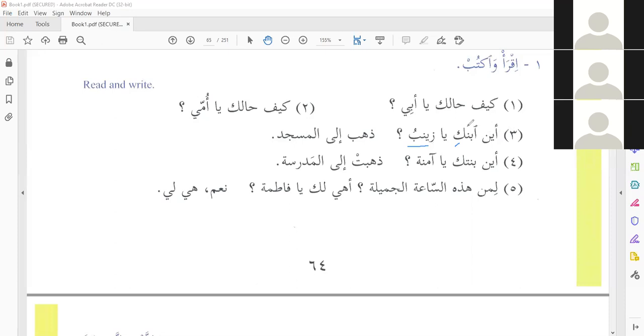However, who are we asking about? We're asking about her son, right? And so when we're talking about her son, it's dhahaba, masculine, right? It doesn't matter that we're talking to a female. Who we're talking about is a male. So we're saying dhahaba, as opposed to number four, as we will see.